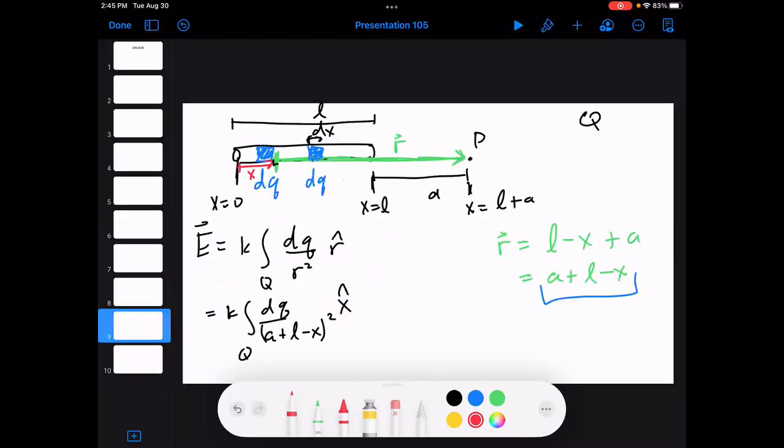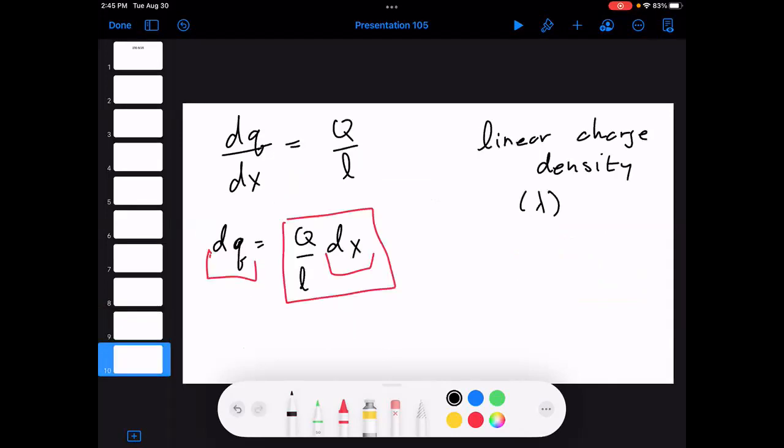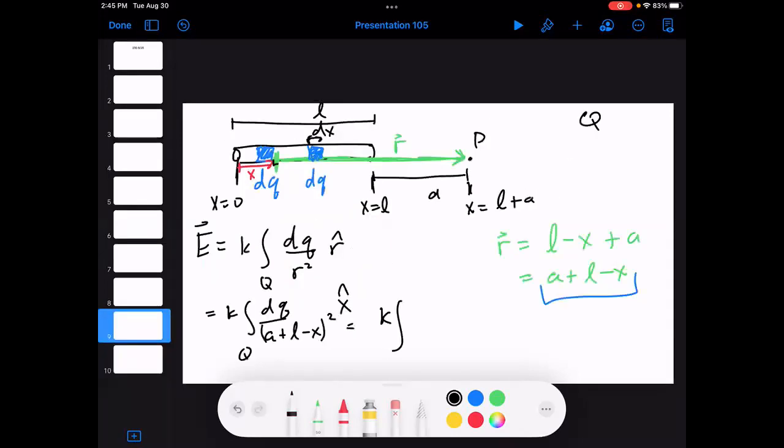So looking at this integral right here, we're going to say k, and instead of dq, we're going to write Q over L dx. We'll still have this craziness at the bottom, and we'll still have something in the x hat direction. So far, so good. I'm going to talk about the limits in a second.